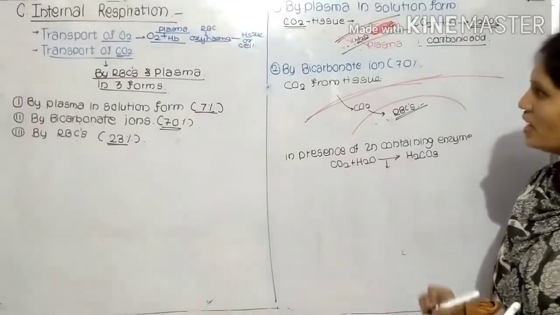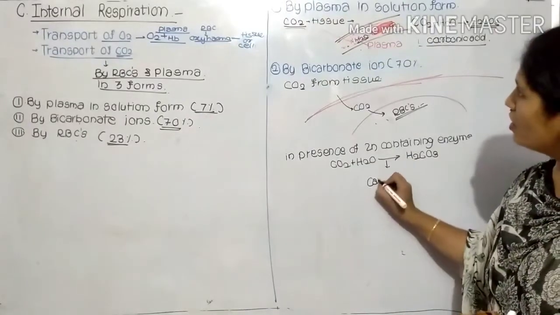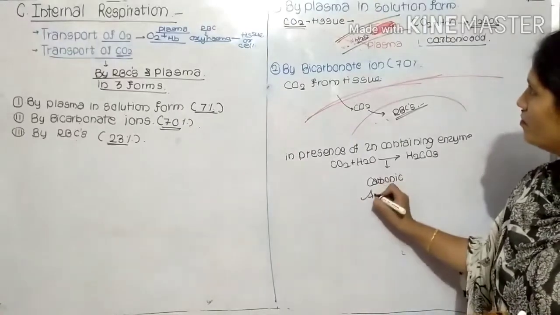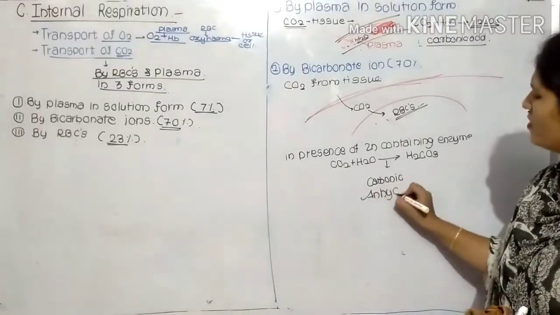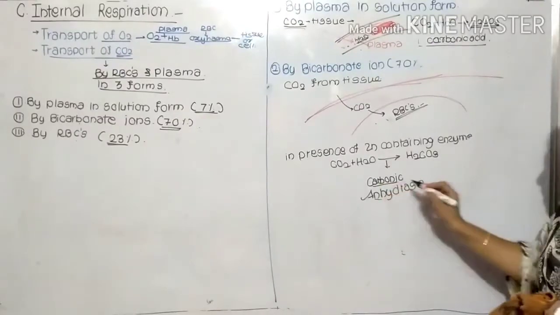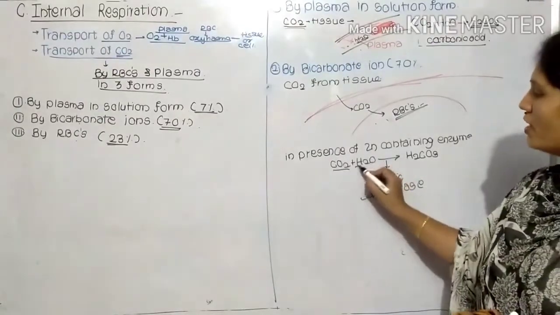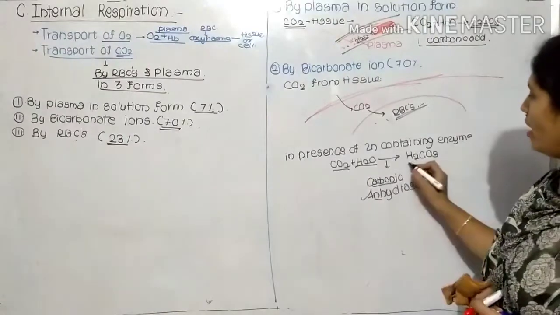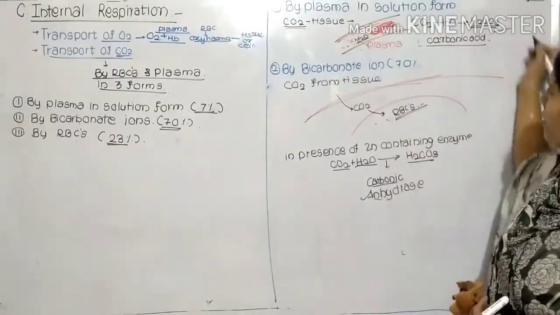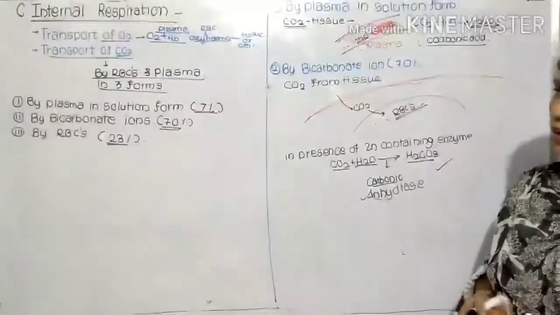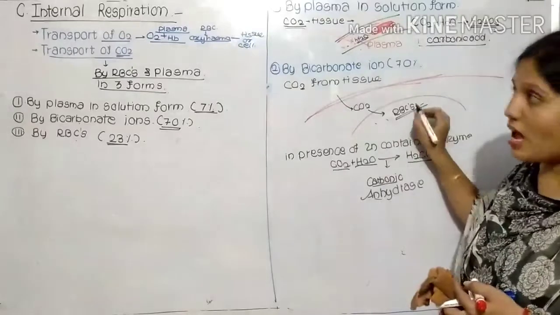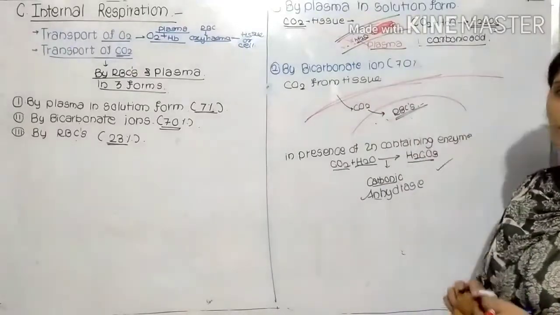This process takes place in presence of the carbonic anhydrase enzyme. In presence of carbonic anhydrase, carbon dioxide combines with water and forms carbonic acid. Here also the same thing happened. The process takes place more rapidly in the RBCs as compared to the plasma.